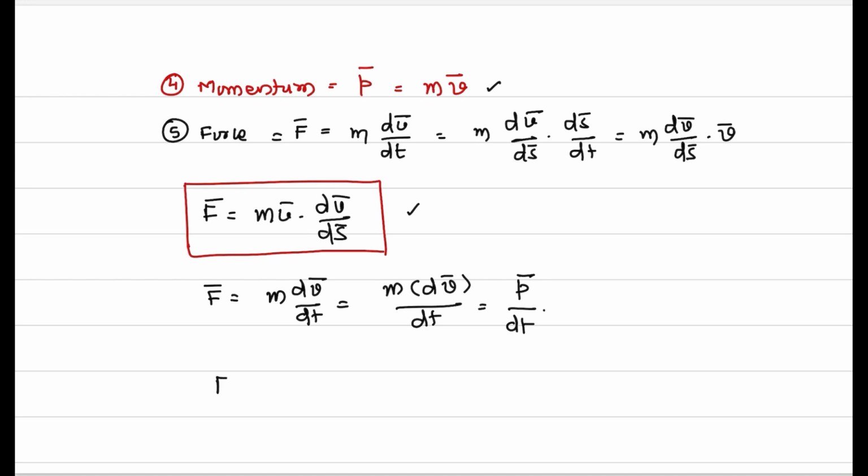That means force is equal to dP by dt, the rate of change of momentum. This is also a very important derivation from definitions.